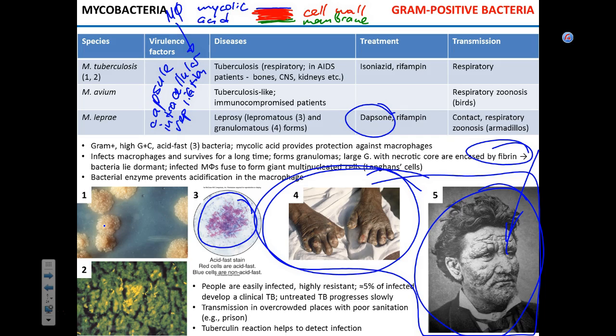And the island of Molokai, one of the Hawaiian islands, was used to accommodate people with leprosy. Don't get me wrong, it wasn't a hospital. It was a prison. So people with leprosy were forcefully moved to Molokai to prevent the spread of disease in the general population.